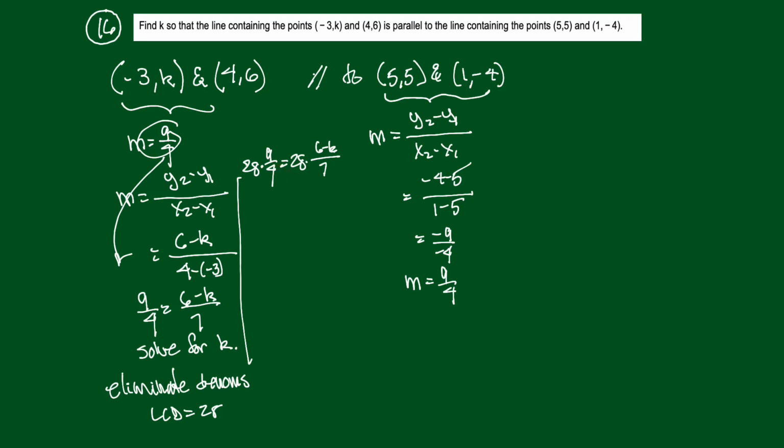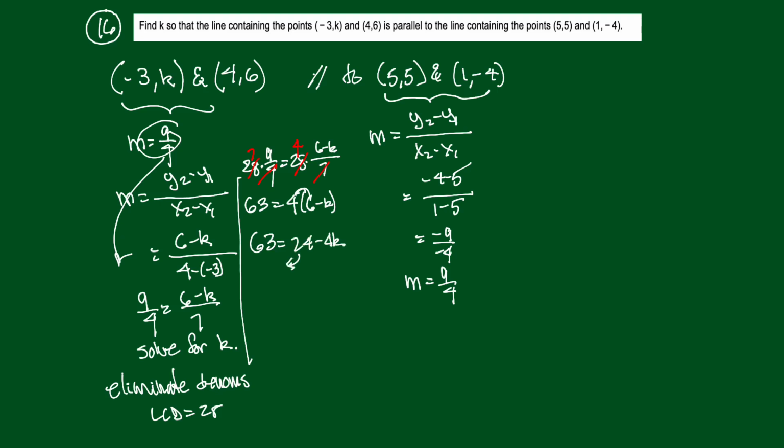Now, 4 into 28 goes 7, and then I get 7 times 9, which is 63, equals 7 into 28 is 4, and then I get 4 times 6 minus k, so we'll get 63 equals, now multiply through, 24 minus 4k.